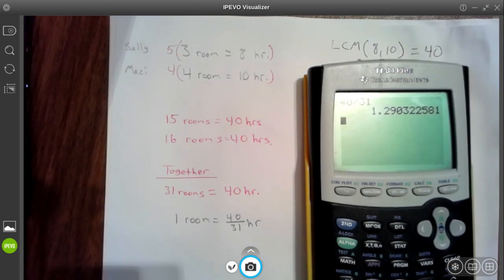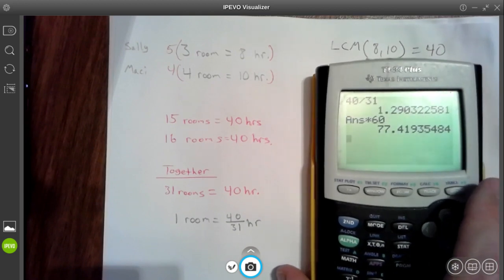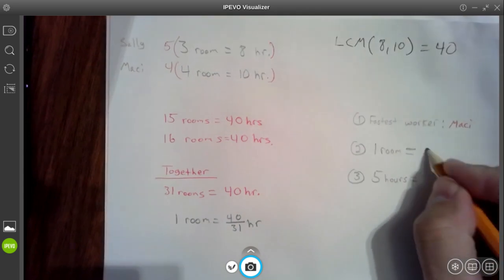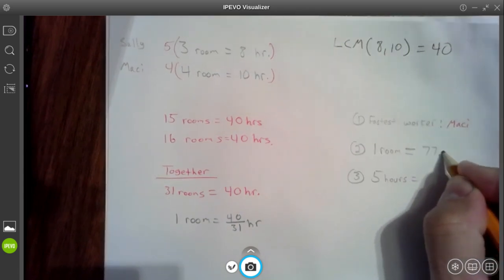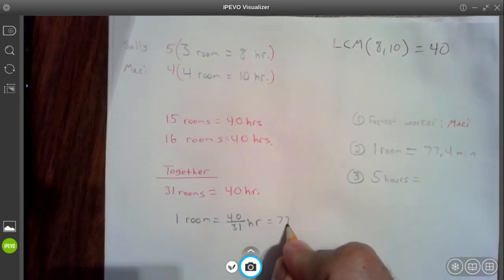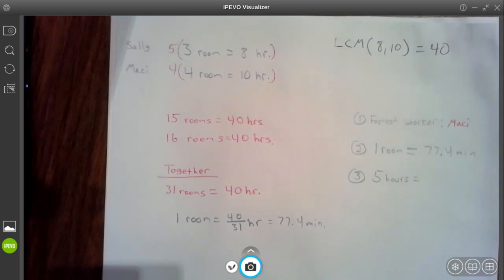If I multiply it by 60, this is our answer in minutes. So for one room, it's about 77.4 minutes. Nice.